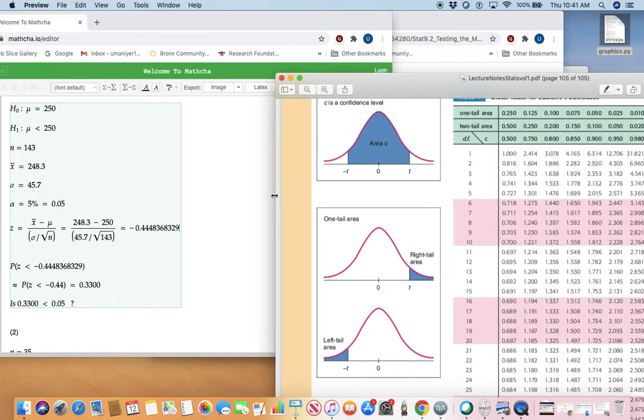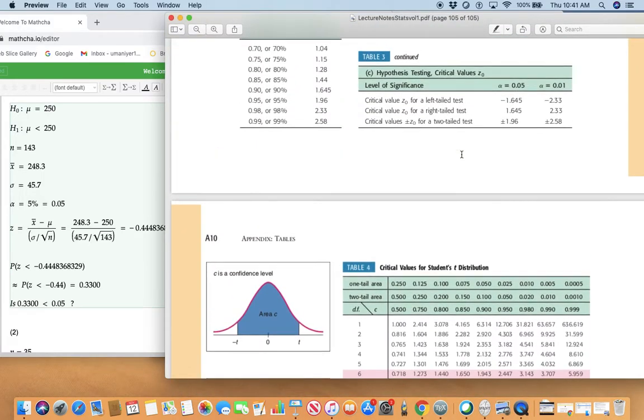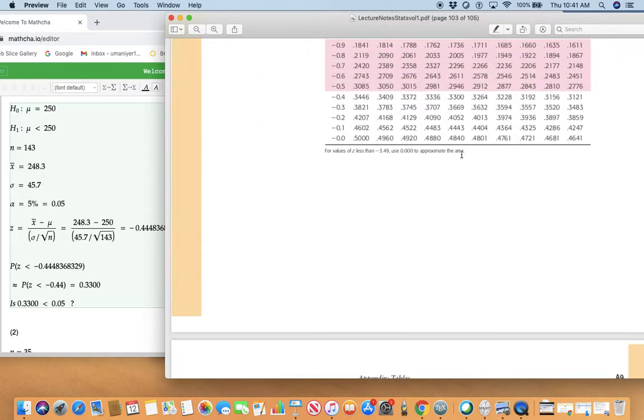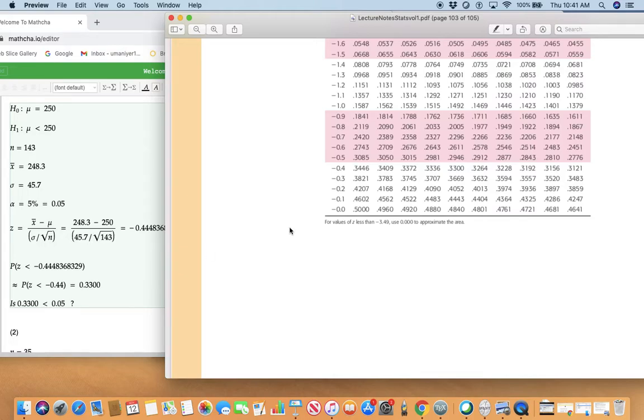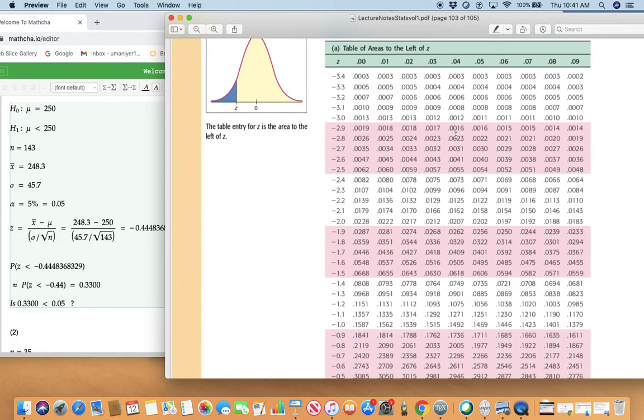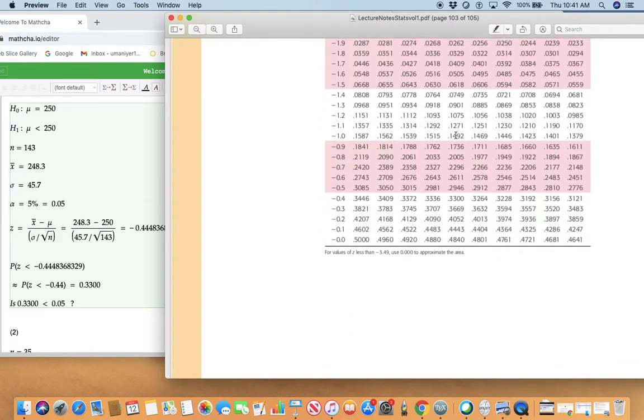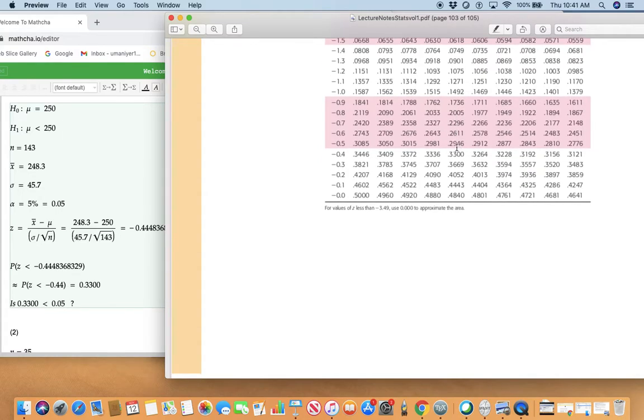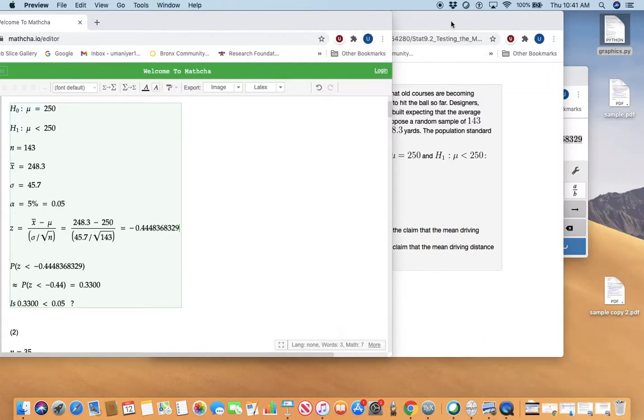Z less than negative 0.44. Okay. So negative 0.4 and you want the column of 4. There you go. That gets me 0.3300. That's the column for the second digit and this is the first, right? So 0.3300. Okay. So that's my p-value.